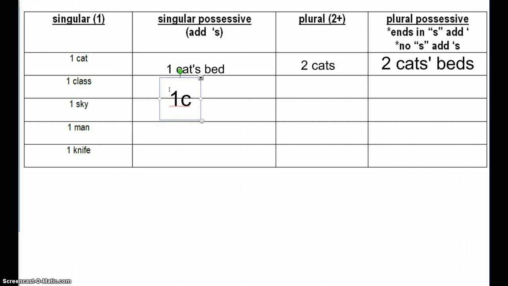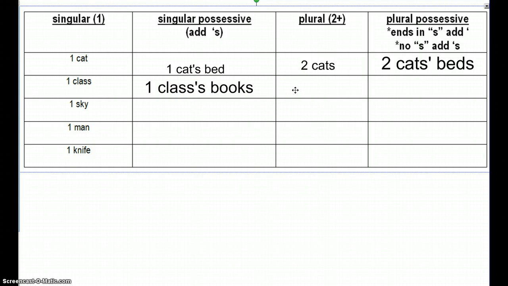So if I was talking about one class owning some books, the class's books. My rule says if it's singular, you add an apostrophe s. And so that's what it would look like. One class's books. And I know that looks kind of weird, but that's just the way it is. If it's singular, you add an apostrophe s.